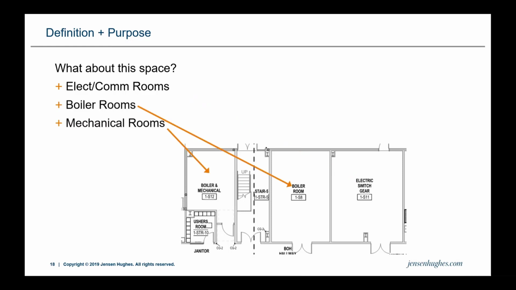Boiler rooms and mechanical rooms vary from purpose to purpose. A boiler room might be quite quiet versus a mechanical room that has a large air handler or series of air handlers in it that has its own ambient sound pressure level. So we have to do a little research, and we also have to start thinking about maximum sound.